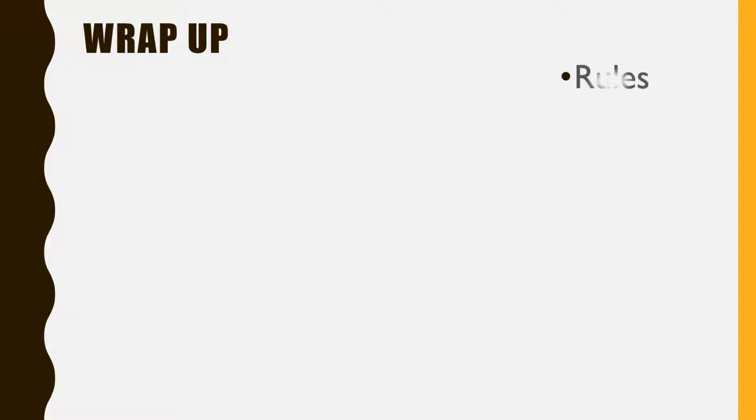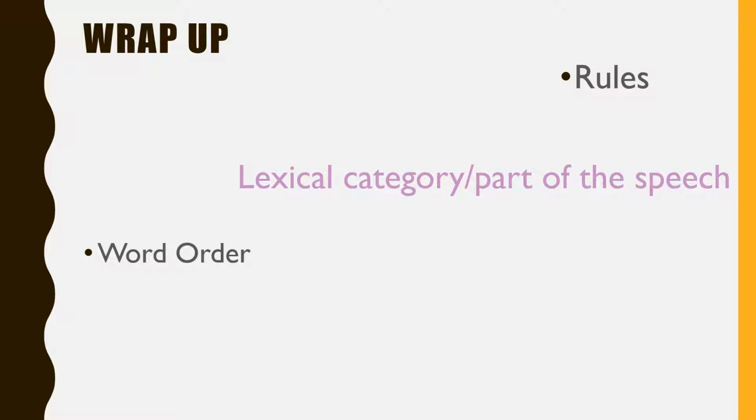Wrap up. Okay, so in this video we learned the rules we need to follow in order to make grammatically correct sentences. We know that we need to follow the word order. So we basically learned the type of vocabulary that we can find in any language, and especially in English, and that is the lexical category, or the part of speech, so the type of word.